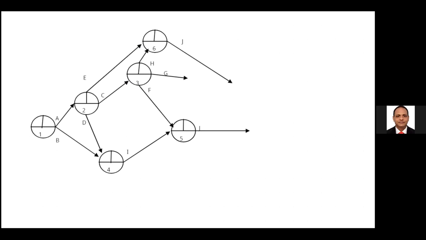After completing E, H, G, we already completed E and H from the second event. We should complete E, H, G to start K. Then we can use the dummy from 6 to 7.